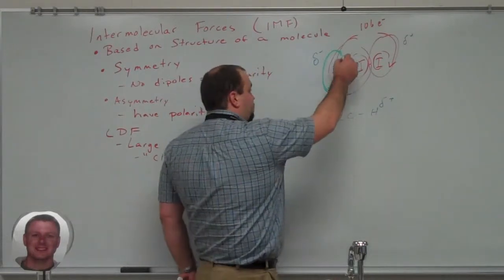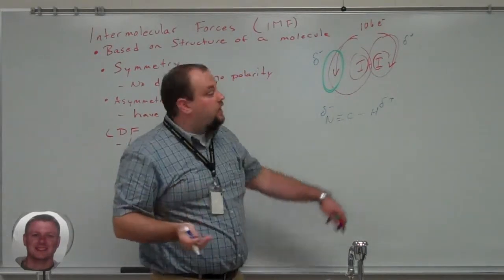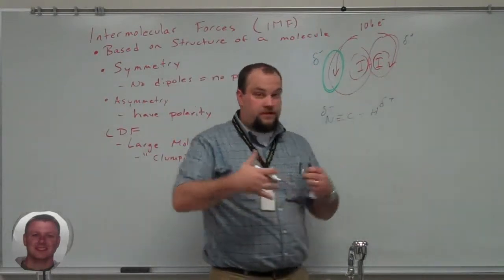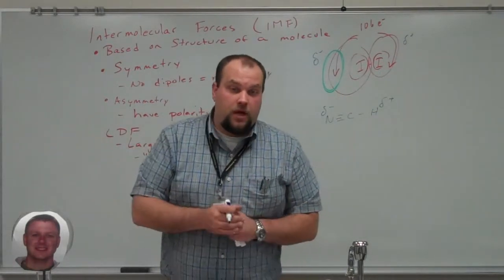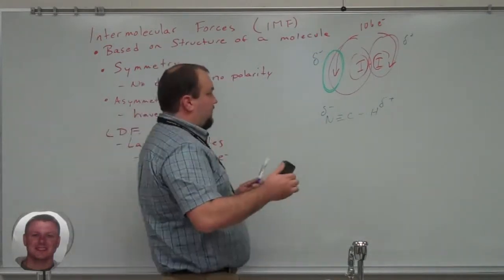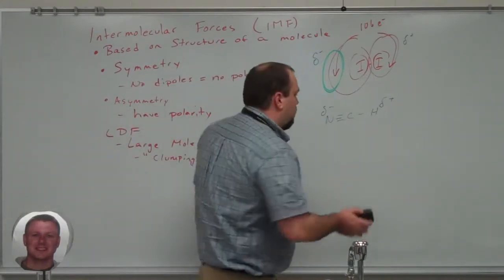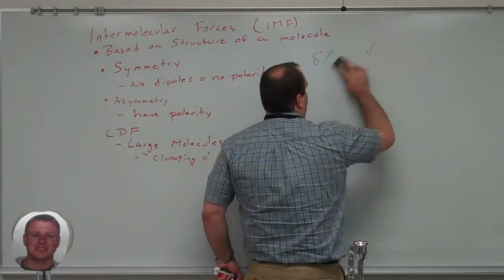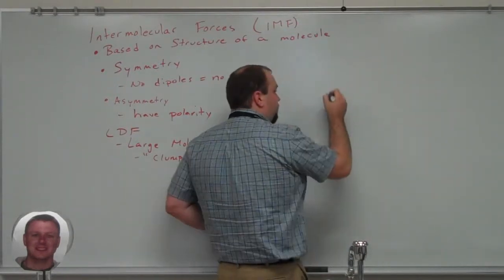Here I have more because they clump together, and here I have less because they didn't clump together. Now, this is, I'll admit, a temporary property, meaning that it kind of comes and goes. But if I have a lot of iodine together, and since it's a solid, they would be packed pretty closely together.